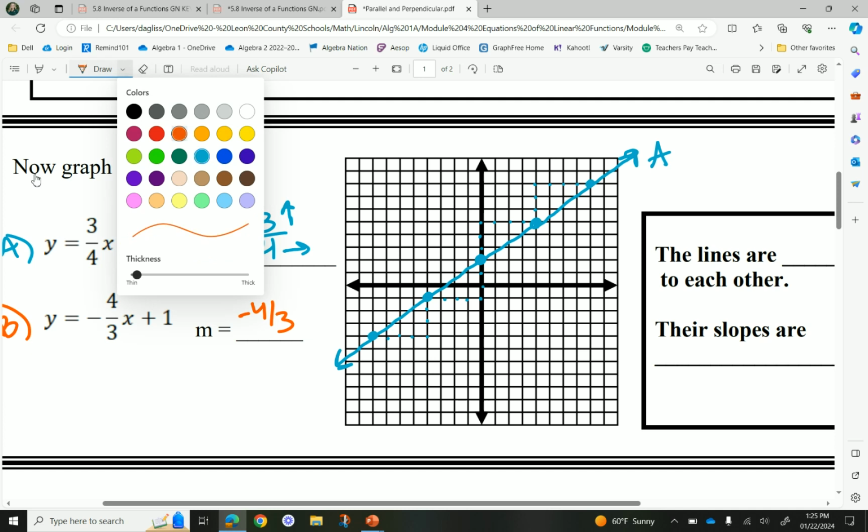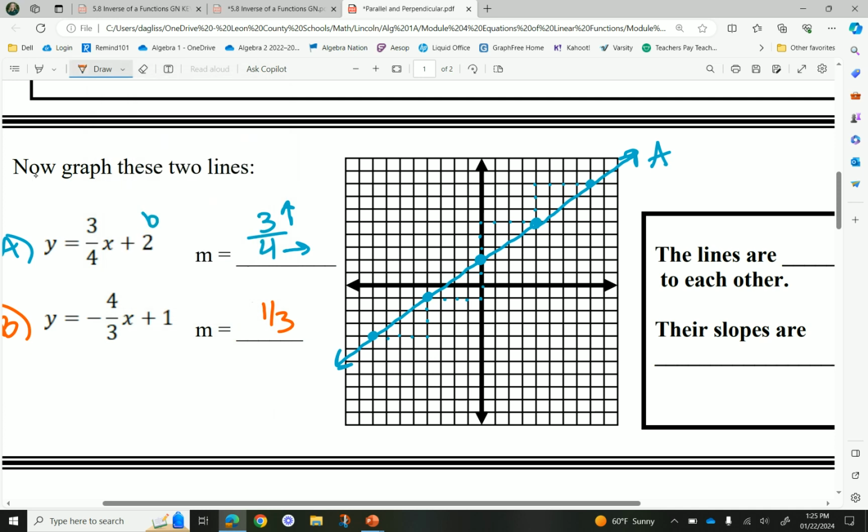Line B is starting where? It's starting at 1 this time. So we're beginning at +1, really close to the other one, but not exactly. And my slope is negative 4/3, so this time we're going to go down 4 units and then over 3.